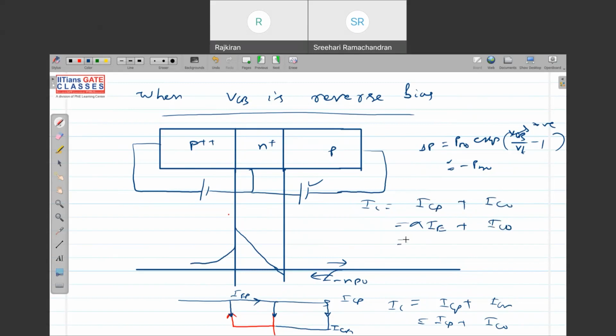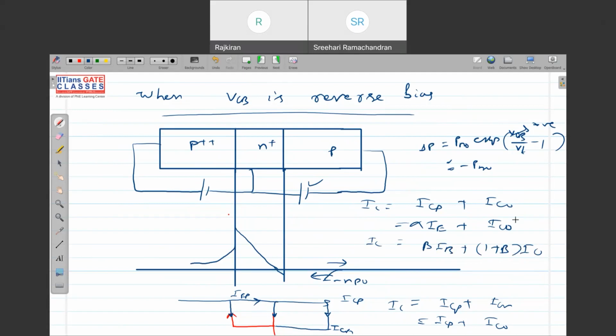This also can be written as, you can go and derive this equation, the same equation can be derived as beta IB plus (1 plus beta) ICBO.